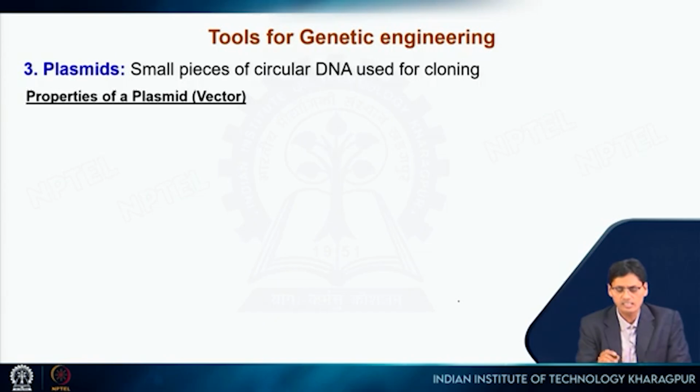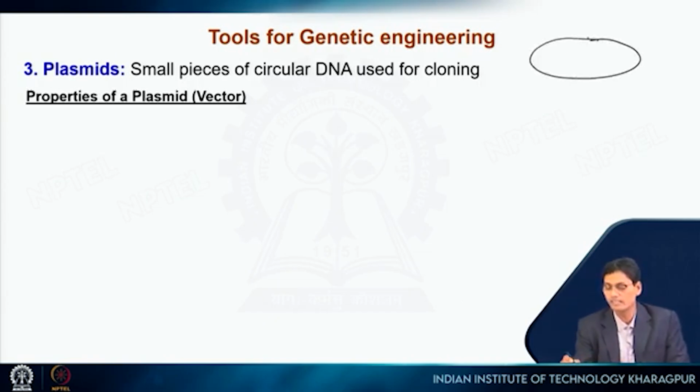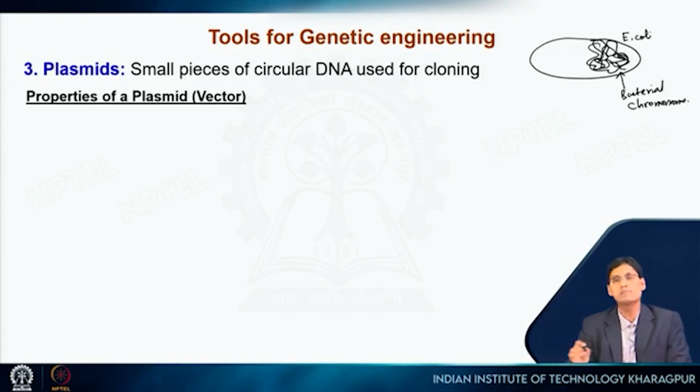The thing is, plasmid, so if this is E. coli, bacteria, E. coli has one circular DNA, that is the chromosome. This is the bacterial chromosome. Similarly, all other bacteria have this kind of chromosome or DNA.